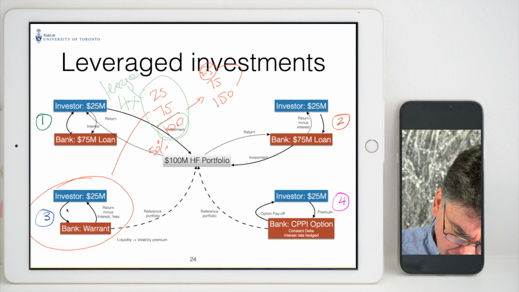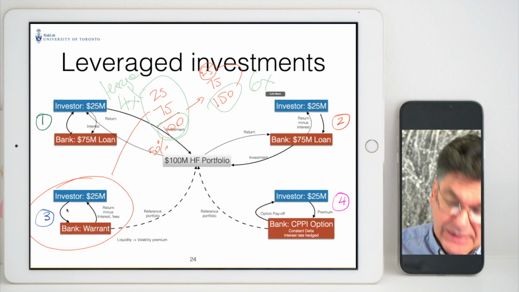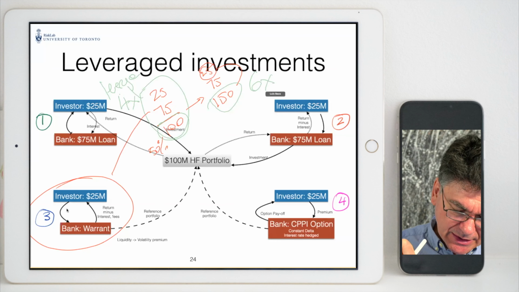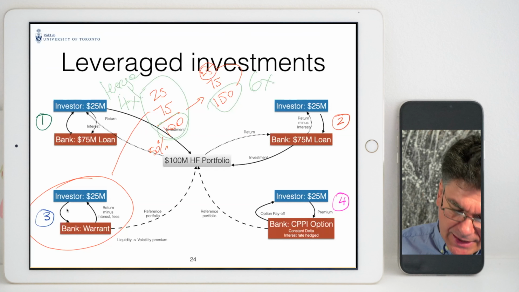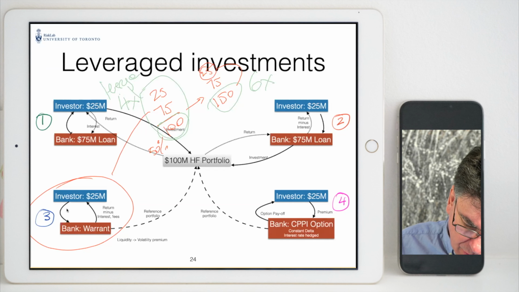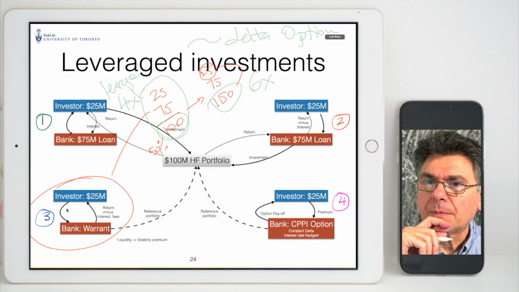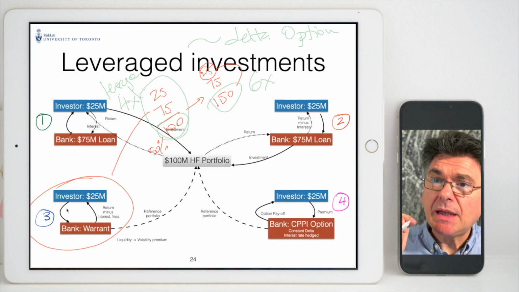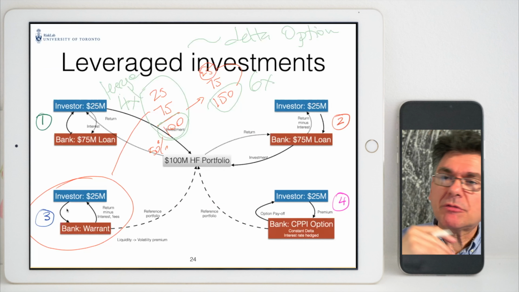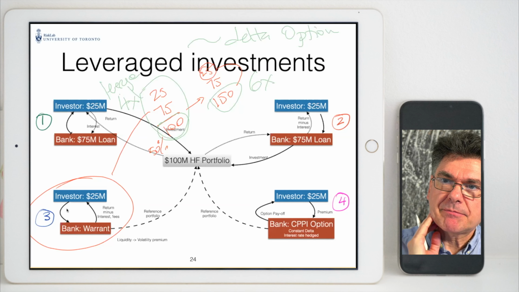In this case, leverage is 6 times leverage. The amount of money invested is your money times 6. Leverage goes up. And leverage is related to the delta of the option. So what a CPPI option is, is an option where the strike price and the notional change so that the leverage is always the same.